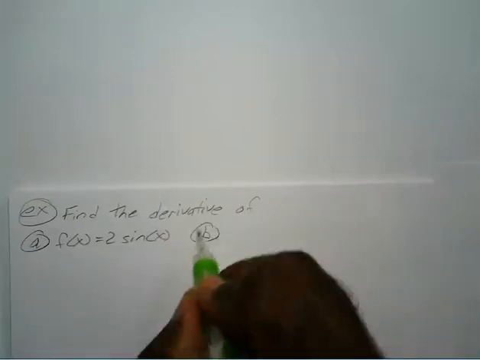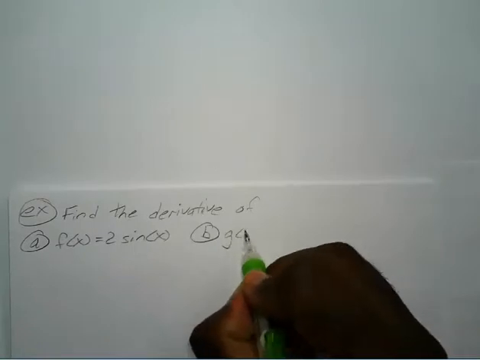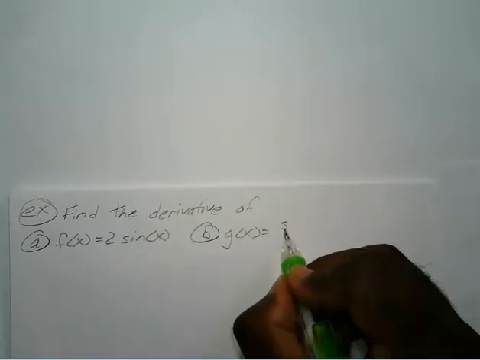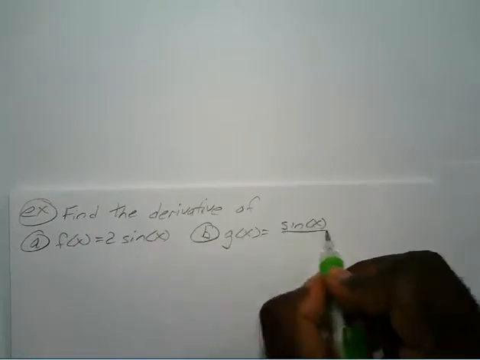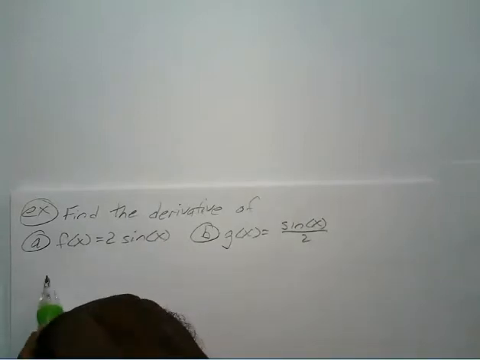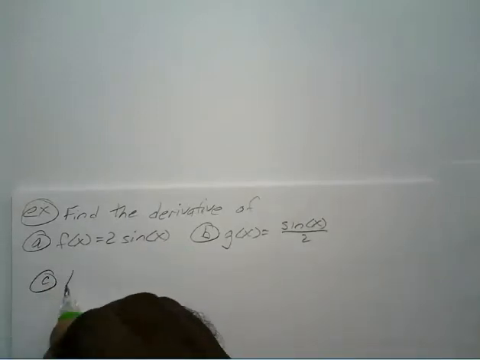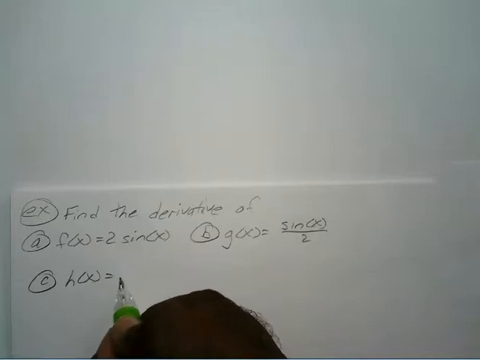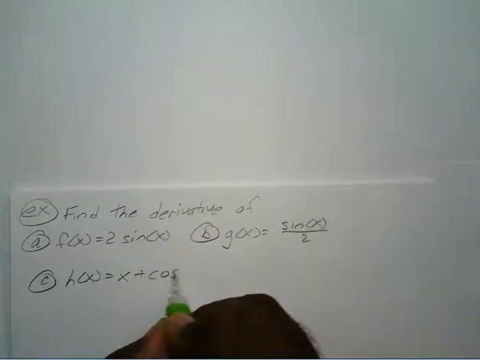Say for problem B, we have g of x is equal to sine of x over 2. And let's say for problem C, we have h of x is equal to x plus cosine of x.